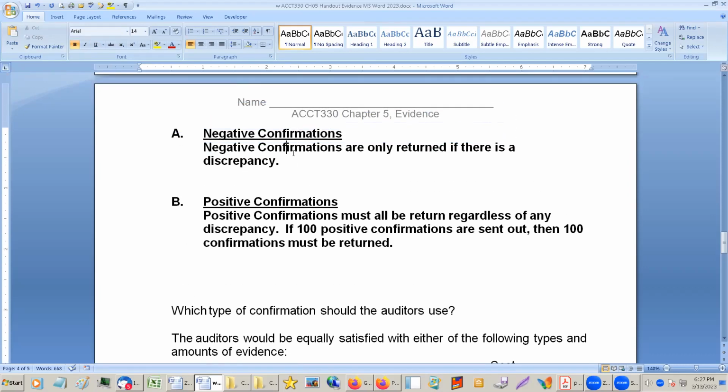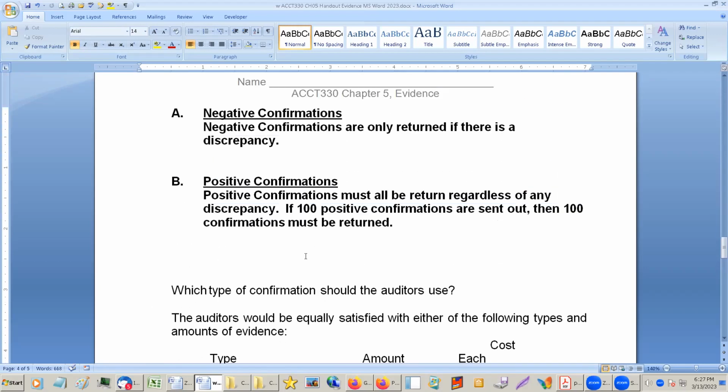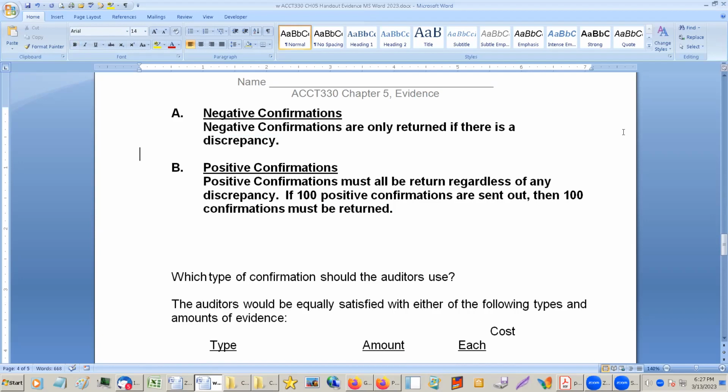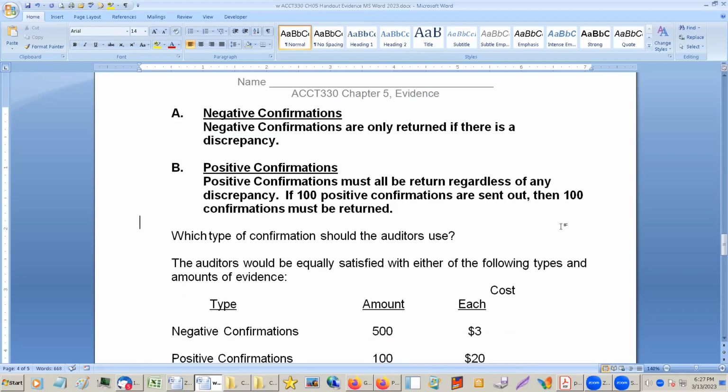Now, what do you think would be a problem with the negative confirmations? There actually is an inherent problem with these negative confirmations.